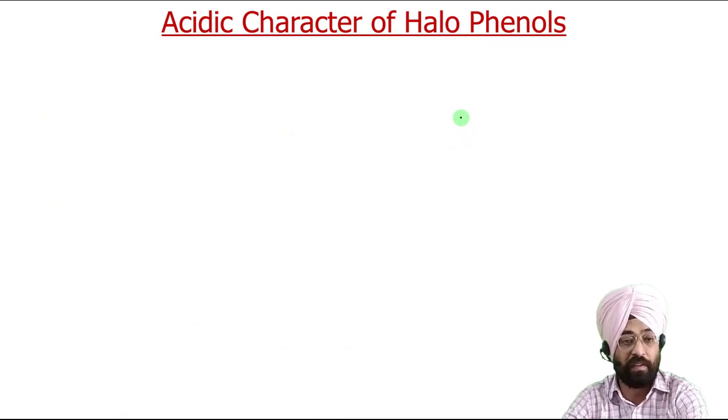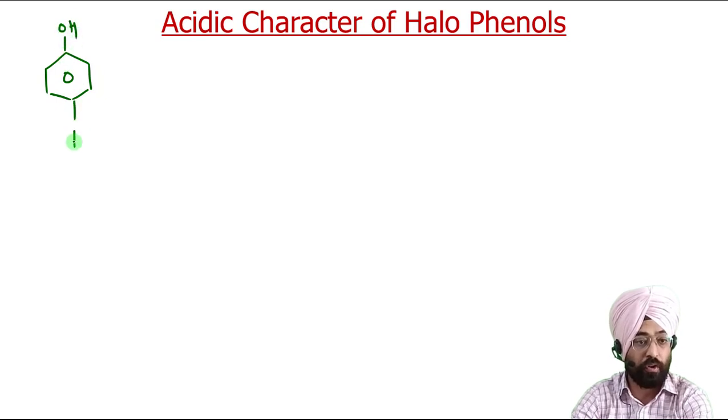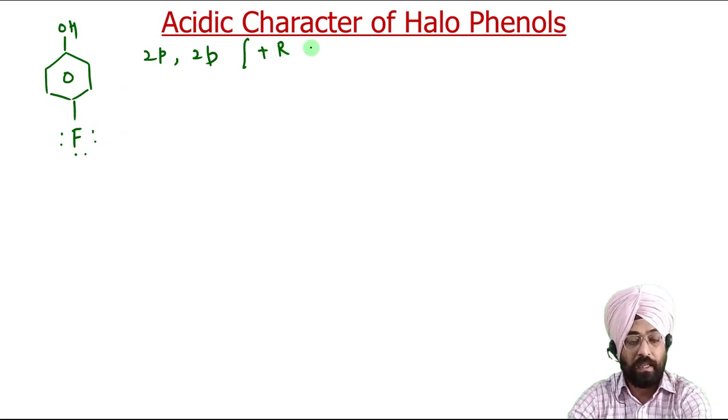Now, but if we have parafluoro, as I have said, the behavior of fluorine is somewhat different. Now fluorine has a 2p orbital, carbon has a 2p orbital, so it can have resonance, so a plus R effect occurs, and also fluorine is highly electronegative, so a minus I effect also occurs.